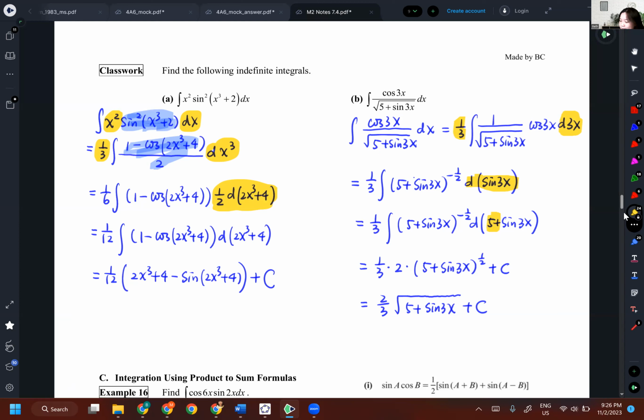Do you have any question? Let me read it. Cherry said, I find this question in our textbook, but the answer is different from ours. Which question, Cherry? A. You found it in the textbook.